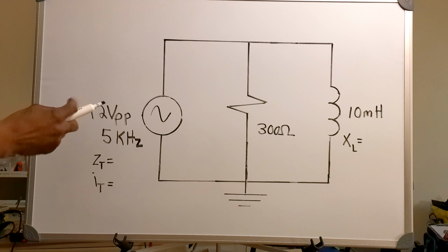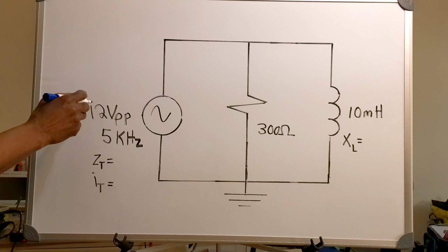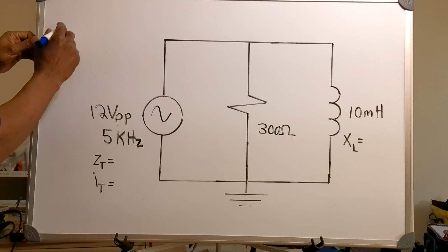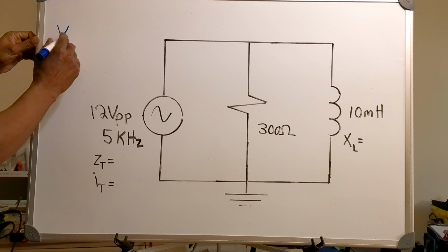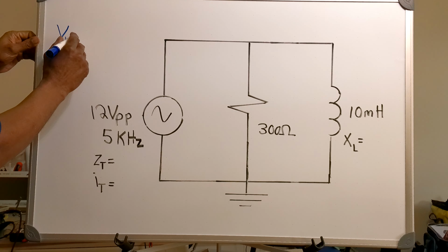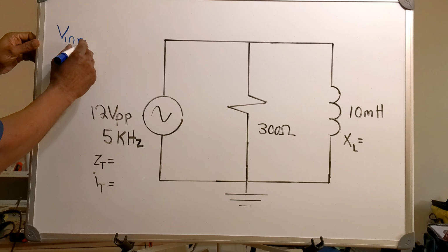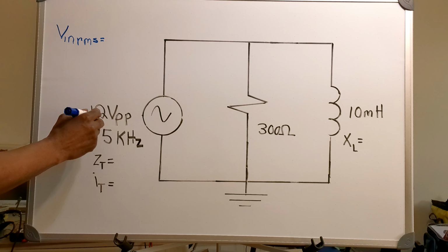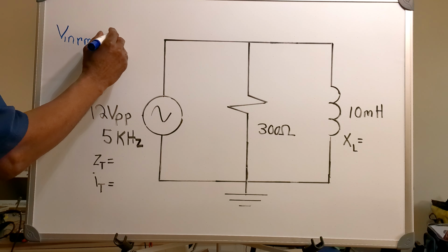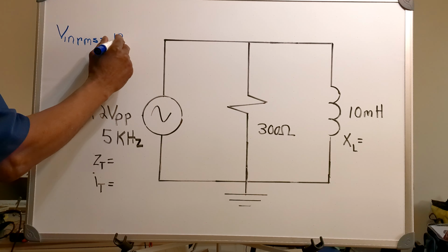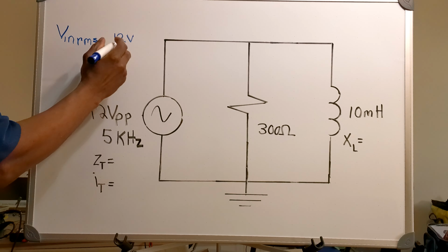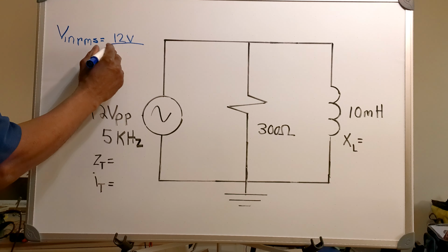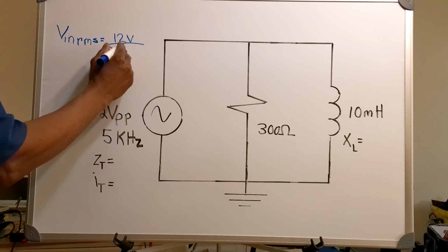Now I will be using the RMS values. So now I'm going to find the RMS value for the input. So I'm going to go V in RMS equals my 12 volt peak to peak over 2 times the square root of 2.